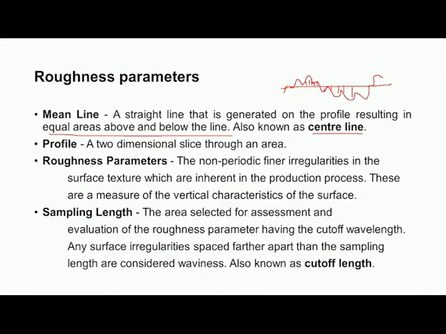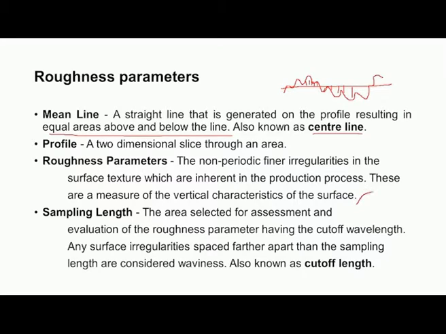These are a measure of the vertical characteristic of the surface. Then we should understand the meaning of sampling length. This is the length selected for assessment and evaluation of roughness parameter, having the cutoff wavelength. Any surface irregularities spaced farther apart than the sampling length are considered as waviness. So, the sampling length is also known as cutoff length.